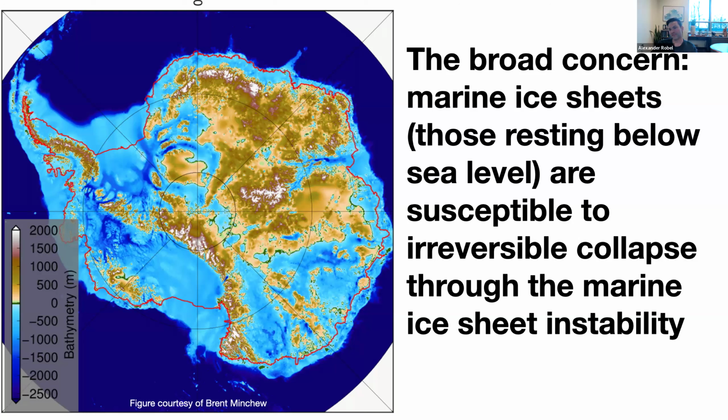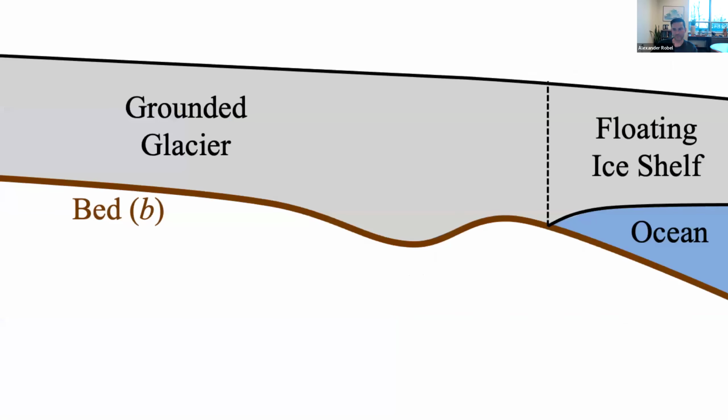Many people have quibbled with that term. I'm not going to get into the semantics of that, but I will explain what we mean by marine ice sheet instability here. So here's a cartoon of a glacier that comes into contact with the ocean. This is kind of like a side-on view of a glacier. And so on the left-hand side, you have the grounded part of the glacier.